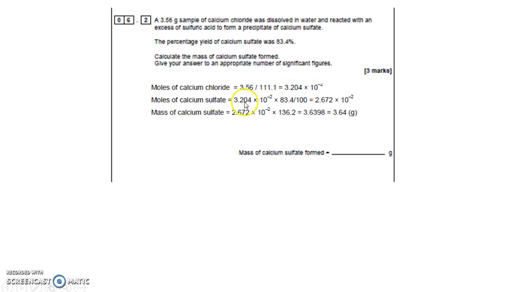Moles of calcium sulfate, again you can use the same thing here. Calcium chloride reacts with sulfuric acid and makes calcium sulfate. So we worked out the number of moles of calcium chloride that we've got, it's going to make the same number of moles of calcium sulfate, but we've only got 83.4%.